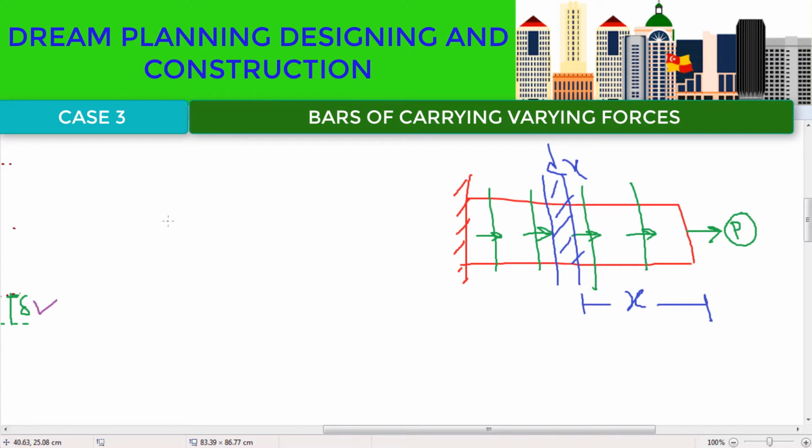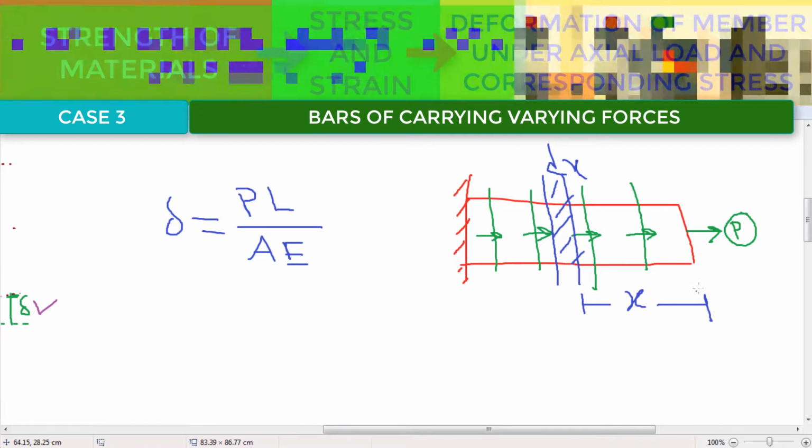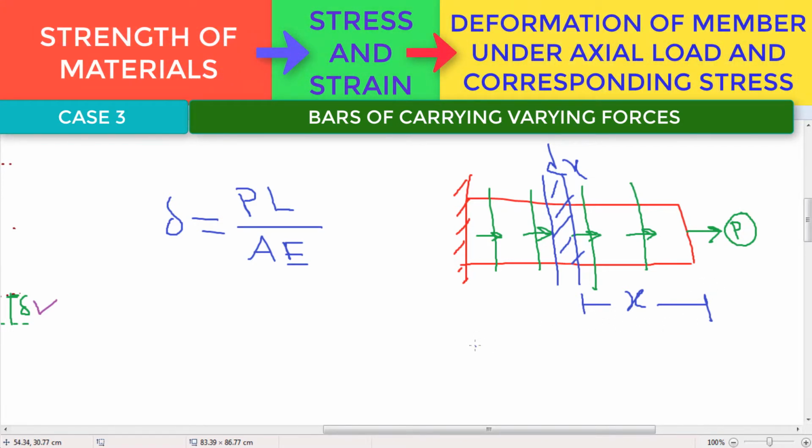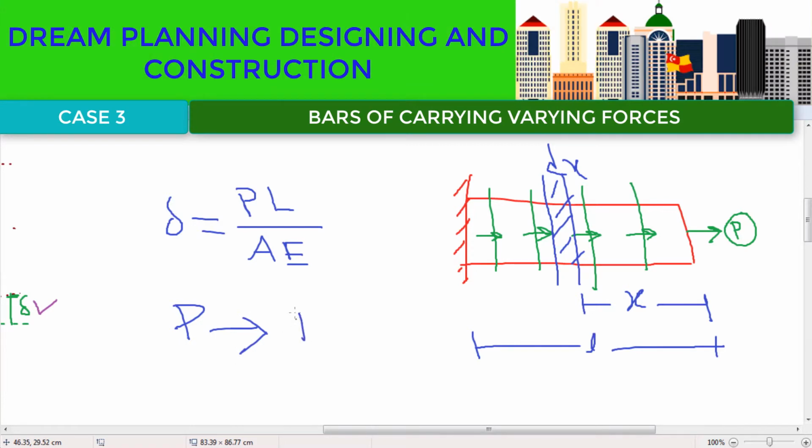We already know that δ equals PL by AE. Here P is a function of x, that means with changing length P is also varying. So we can write P equals function of x.